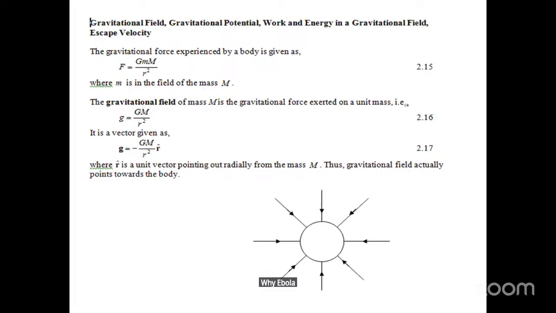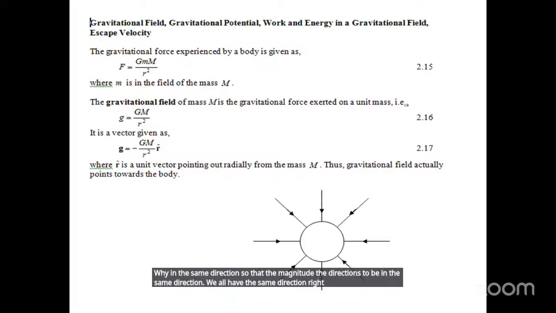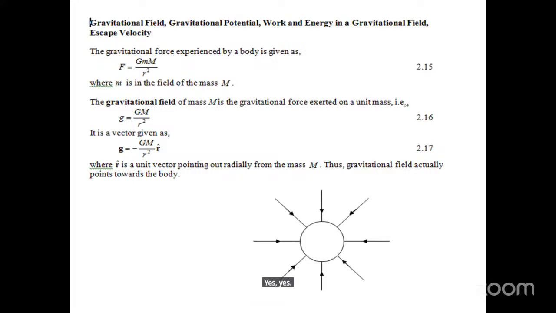So that the magnitude will be constant. Why in the same direction? So that the directions will be the same. It is constant both in magnitude and direction, right? Yes, sir.